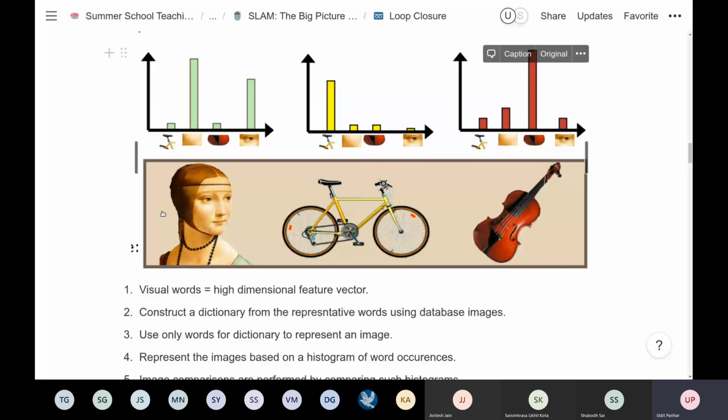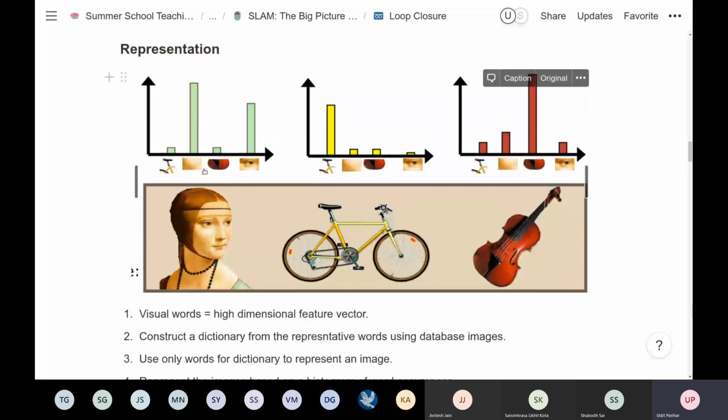So let's say this is your image. What are the visual words present in our image? Let's say your dictionary only contains 4 words. The words are this cycle thing, this skin color, this part of a guitar, and this eye. You can see the words corresponding to this particular image give a high bin value in the histogram.